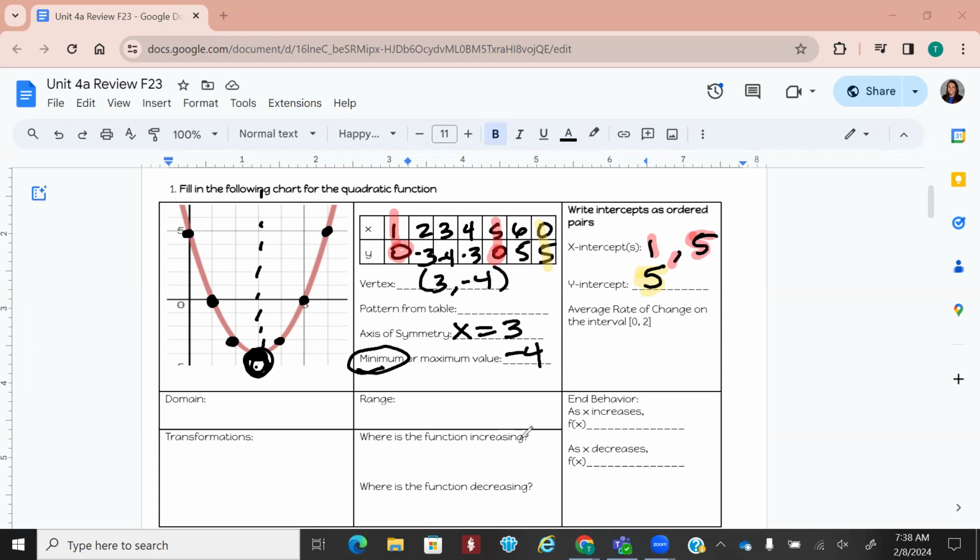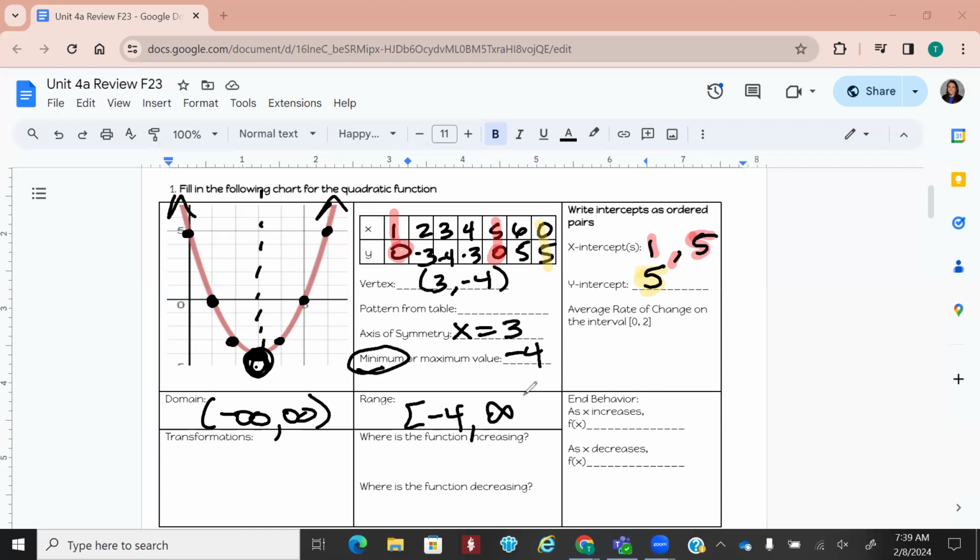Good so far? Okay. Domain, for any quadratic, is going to be from negative infinity to positive infinity. So from left to right, we can plug in any value. For range, we're going to say from minimum to maximum, right? So what's our minimum value? From -4 to how high does it go?